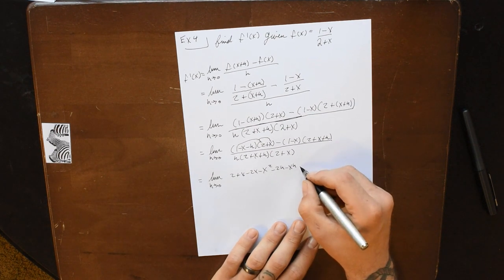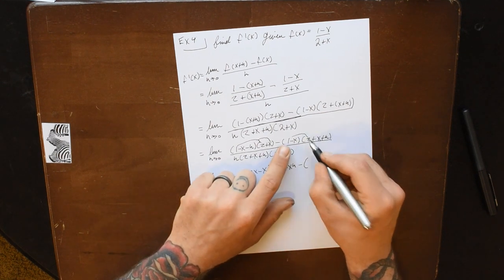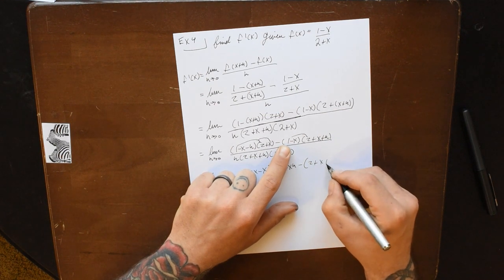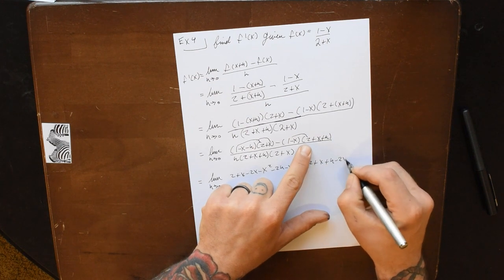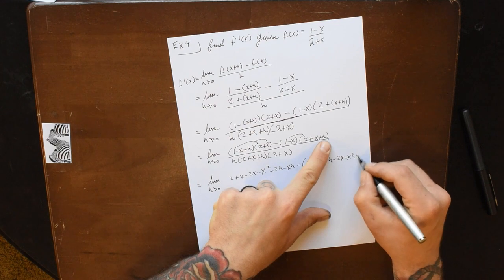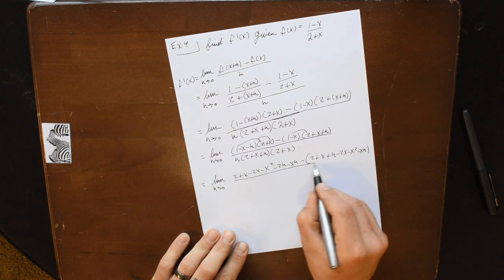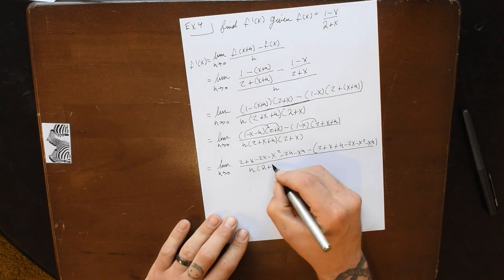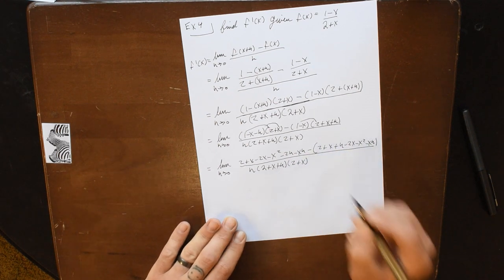And then from that we're going to subtract, and I'll put these in parentheses. We'll do 2 plus x plus h minus 2x minus x squared minus xh. All of this is going to be divided by h times 2 plus x plus h times 2 plus x.